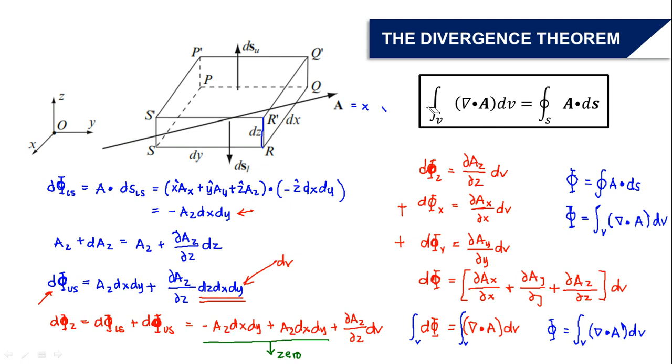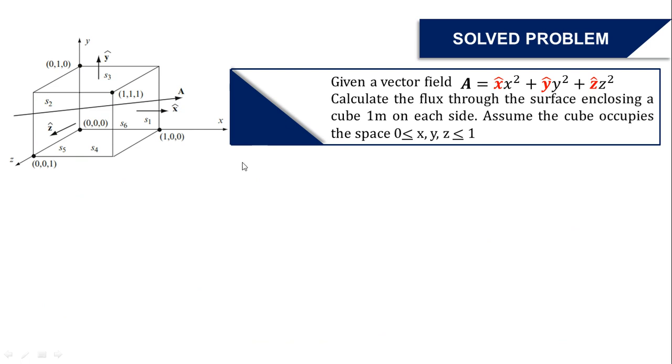Kung mapapansin nyo doon sa previous two examples natin, madali lang mag-solve ng divergence, tama? Kumpara sa pagkuha ng mga surface integrals. And we will illustrate this on a particular example. Okay, so tatandaan, the divergence theorem is the relationship ng closed surface integrals and yung volume integral ng divergence ng isang vector. Okay? So, try natin mag-solve niyan.